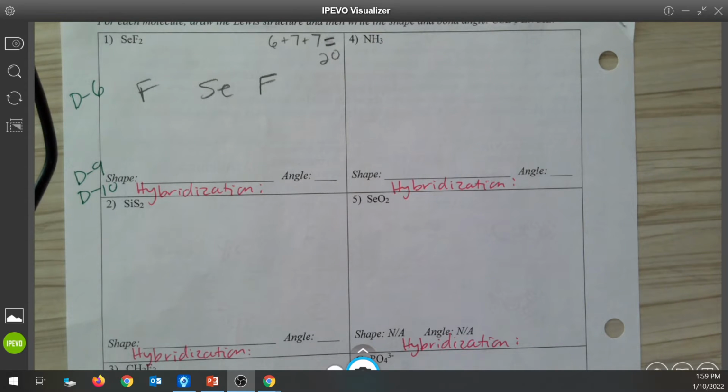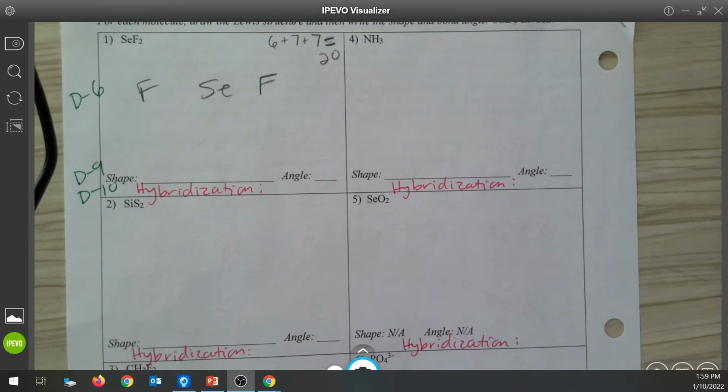Look back at your notes and figure out whether number 5, that's the first one.